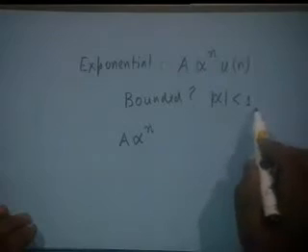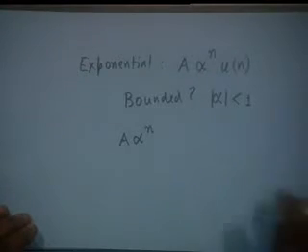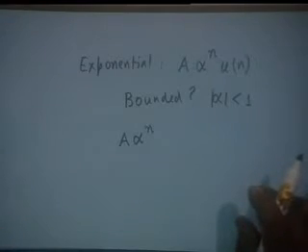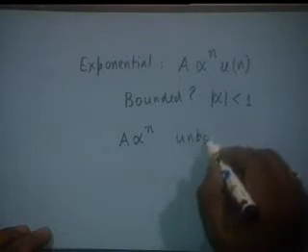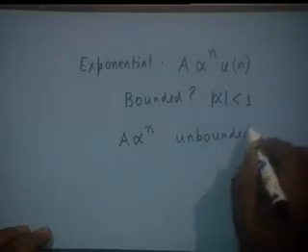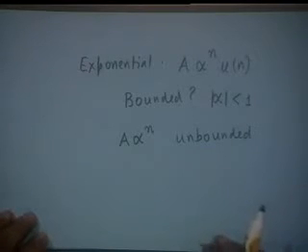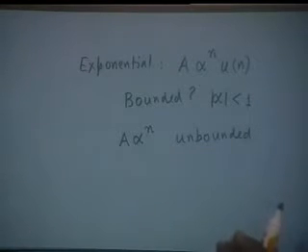If alpha magnitude is less than 1, then the right side is bounded, but the left side will become unbounded. Suppose alpha is 0.5, then 0.5 to the power minus 1 is 2, 0.5 to the minus 2 is 4. So, it goes on increasing on the left hand side. So, this signal in general is unbounded irrespective of the magnitude of alpha.